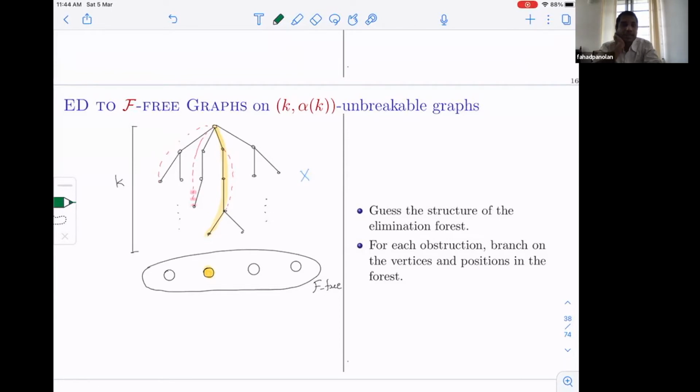So I can branch on those vertices, and they may be placed in one of the locations in this tree. Maybe the vertex V could be the third neighbor of the root. Because the number of positions in the tree is bounded by a function of K, and the number of vertices in the obstruction is a constant, you just branch on where it goes.